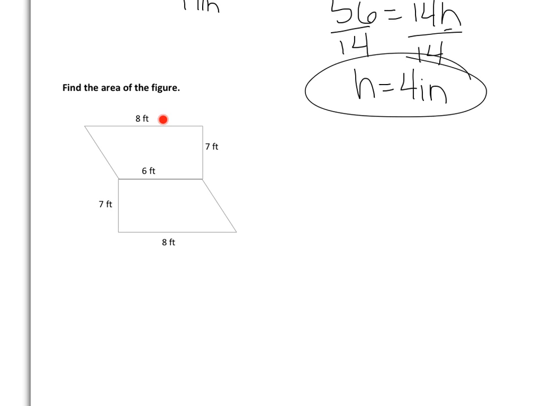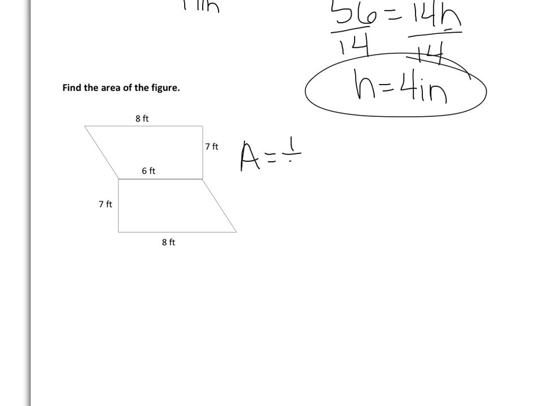This top trapezoid has bases of 8 feet and 6 feet, and the bottom trapezoid has bases of 8 feet and 6 feet. The height of the top trapezoid is 7 feet, and the height of the bottom trapezoid is 7 feet. So you could find both areas and add them together, or if you know they're the same thing, find the area of one of the trapezoids and multiply it by 2, and that's the direction we're going to go. So let's look at that top trapezoid.